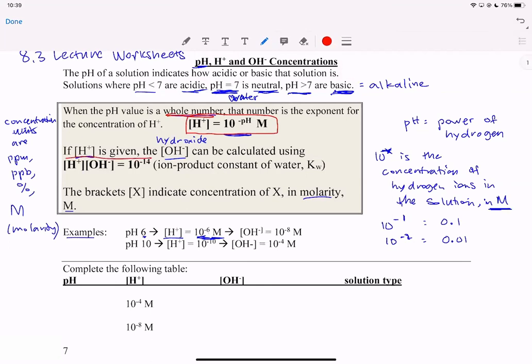This is another simple equation. You don't need to memorize it. You just need to know how to use it. But this also is worked with when you have the pH value as a whole number value. You have a power of 10 for hydrogen, and you also can figure out the power of 10 concentration for hydroxide. And that's because of those powers of 10, when you multiply powers of 10, so that's what these brackets are, multiplying these powers of 10.